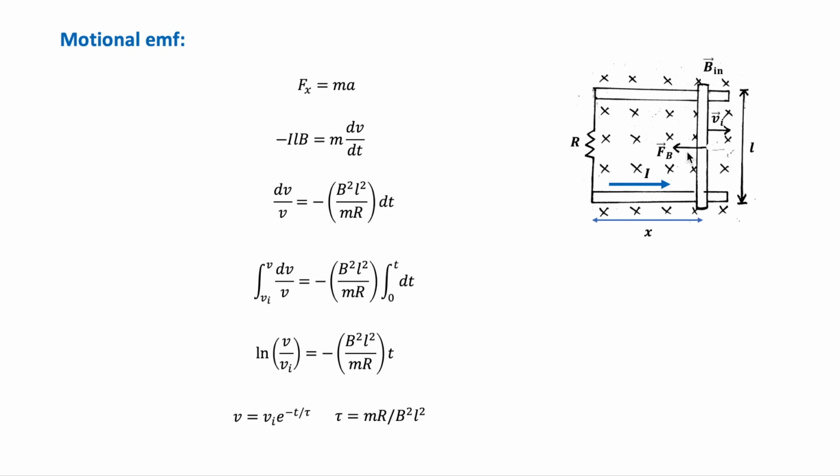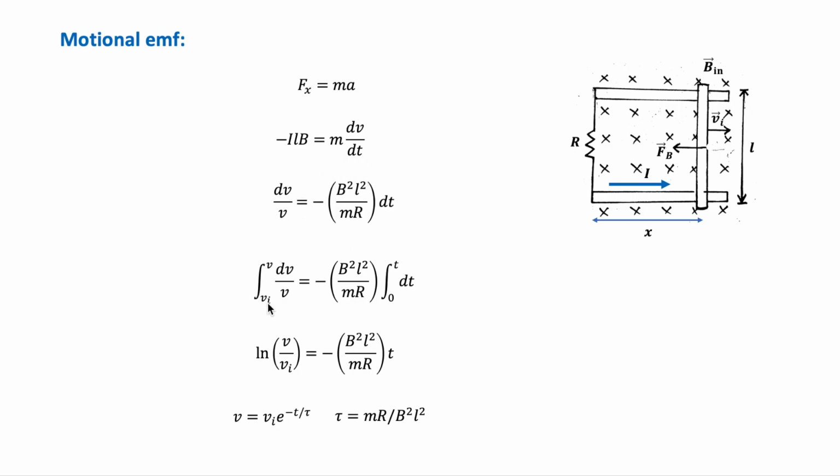Because the magnetic force acting on the bar is to the left, opposite to the motion of the bar, the bar will decelerate, and the force F_x is equal to ma. So because the bars are frictionless, the only force is the magnetic force, equal to minus ILB, which is equal to m dv over dt. Okay, and if we rearrange this, we get this equation.